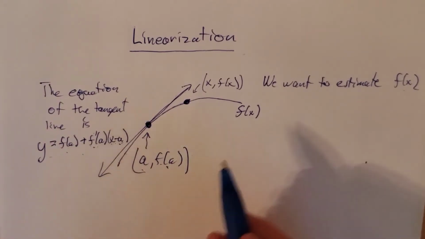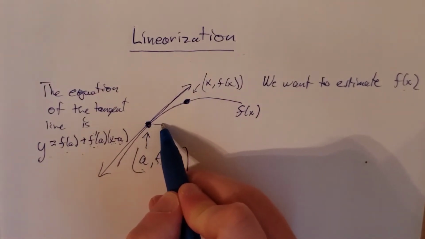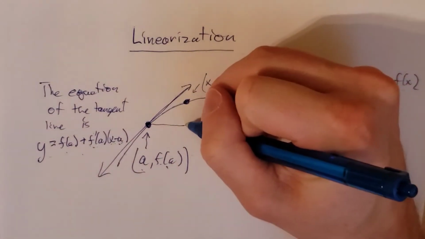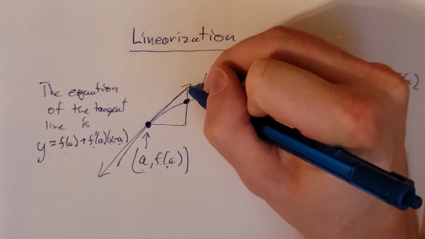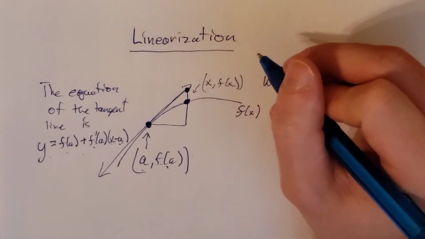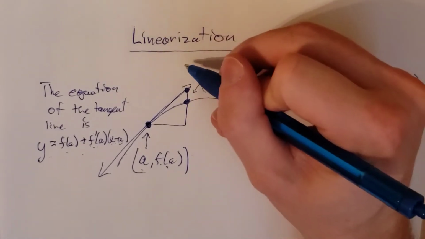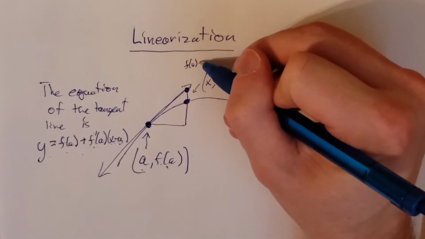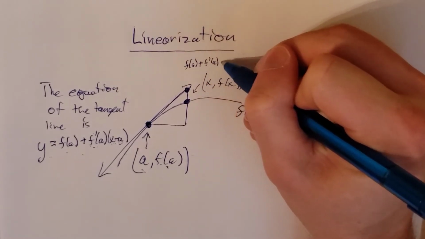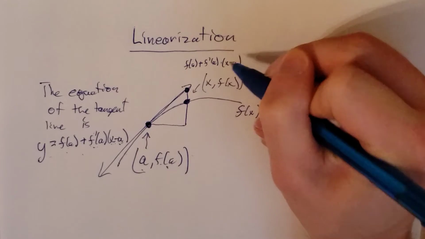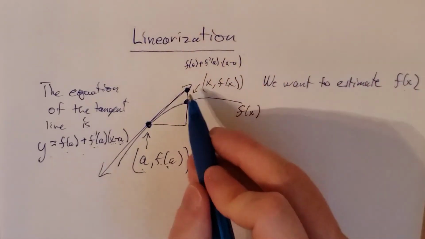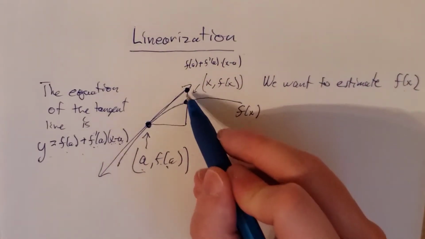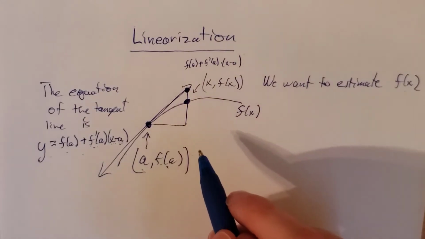And now how are we going to use that? Well, we can notice that we have a triangle here, and this point up here is our value f of a plus f prime of a times x minus a. That's what this y value is up here.